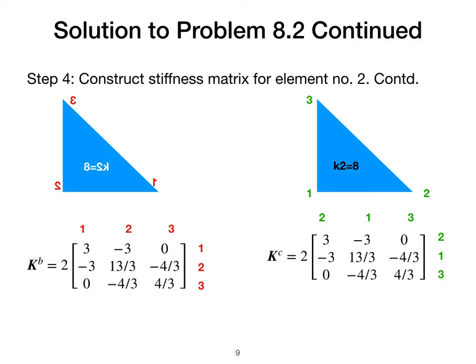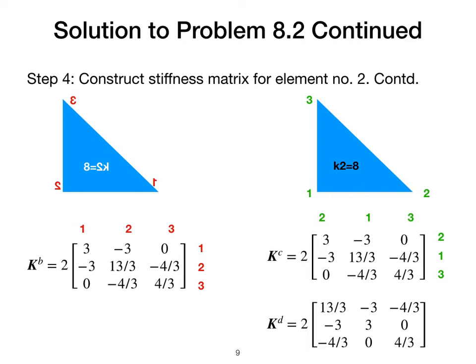Hence, in the stiffness matrix given on the left side, if we interchange rows 1 and 2 and columns 1 and 2, we will get the stiffness matrix for the element on the right.